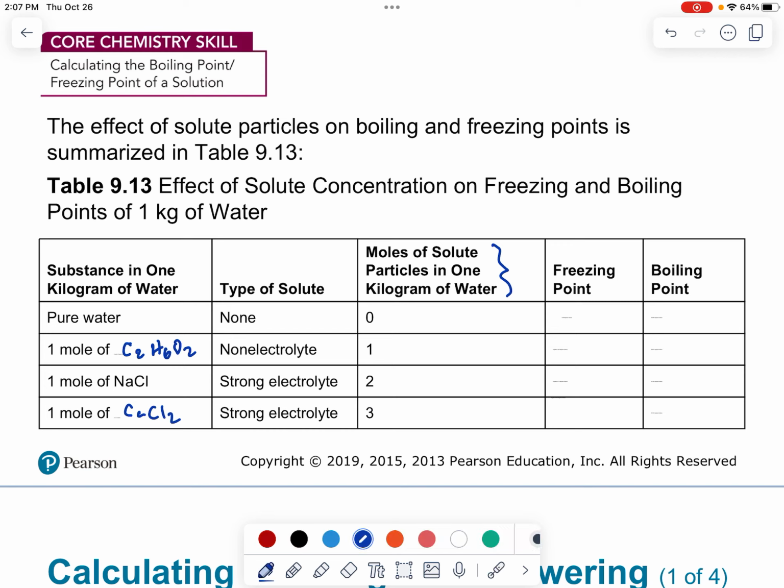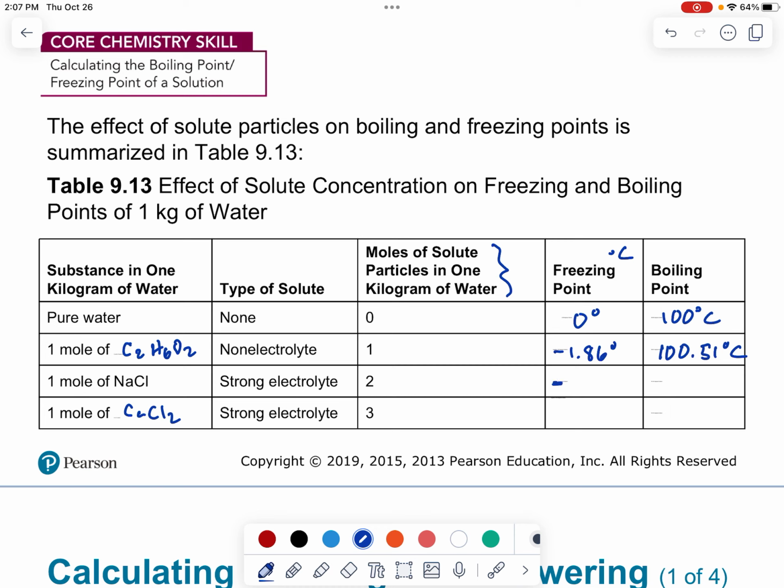And on your overheads that you would have, it gives the freezing point and the boiling point. So the ethylene glycol gives us a slight drop of the freezing point, these are all in degrees C, and it raises the boiling point by half a degree.